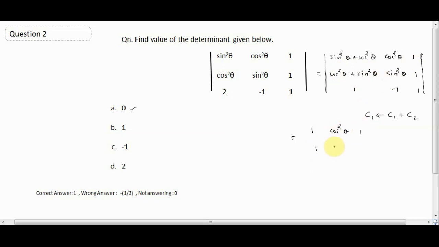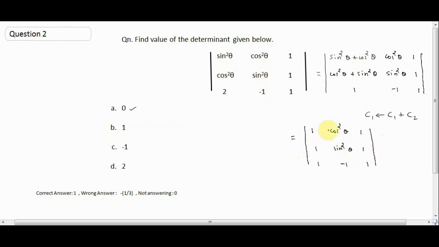Then we have sine square theta here, and then we have 1. Now here we have 1, -1 and 1. So this determinant value should be same as that of this one, which is same as that of this one.